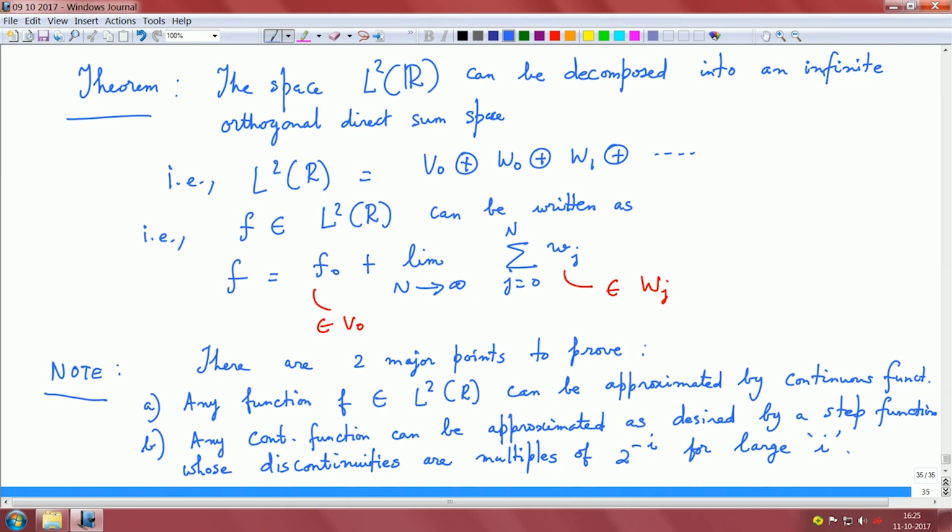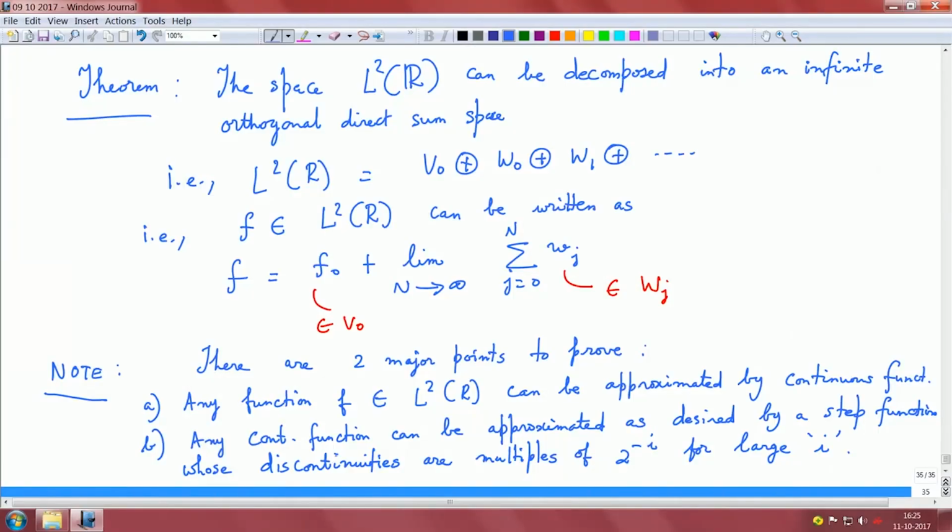So, these are the two subtle aspects, because this summation is heading towards infinity, right. First is you have to establish that any function in L2 can be approximated by a continuous function, and that continuous function can be approximated as desired.